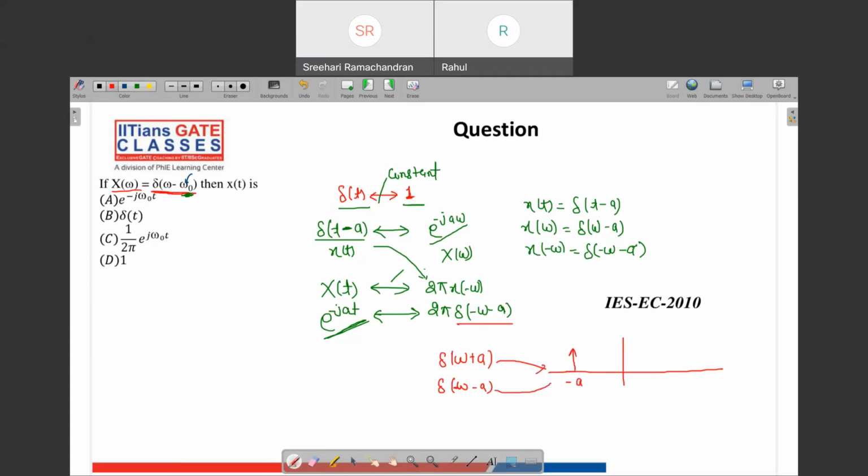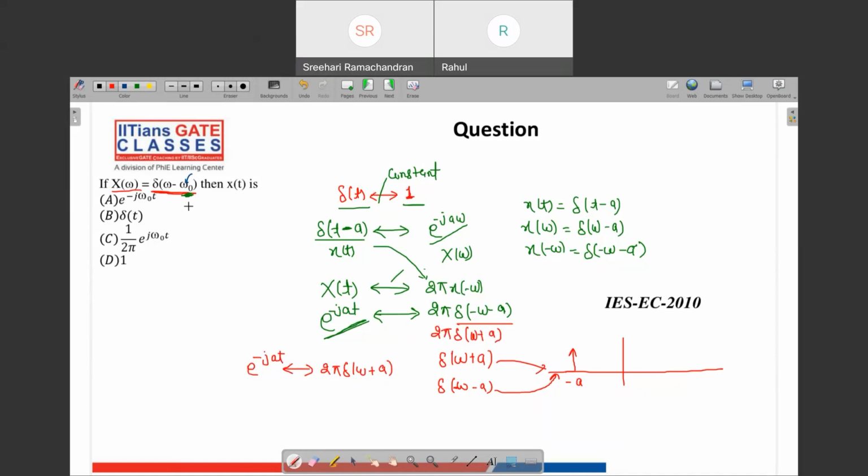When you plot the other, it will be the same. There is no difference between these two. So you can write it as 2 pi delta omega plus a. So we can say that if you have a signal e to the power minus j a t, its Fourier transform is 2 pi delta omega plus a.